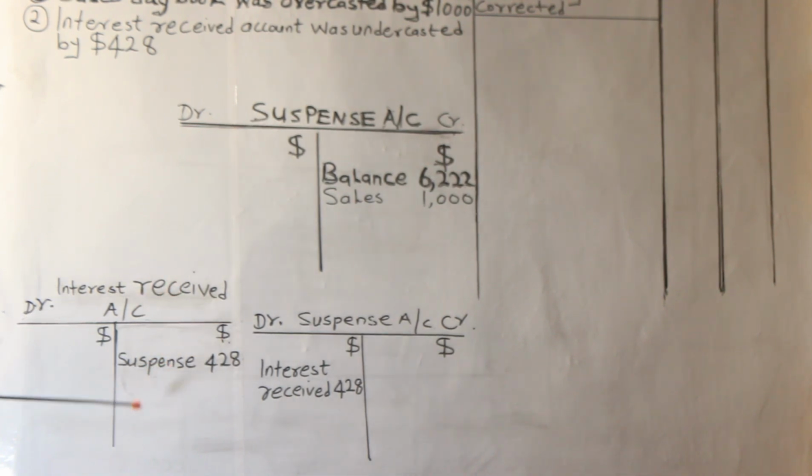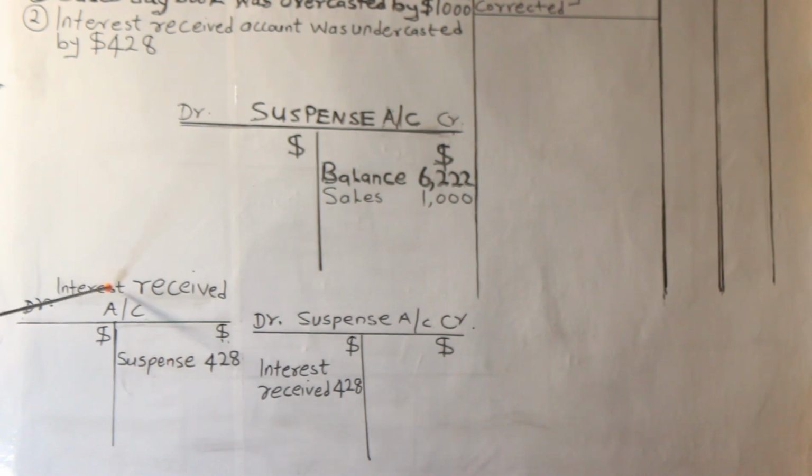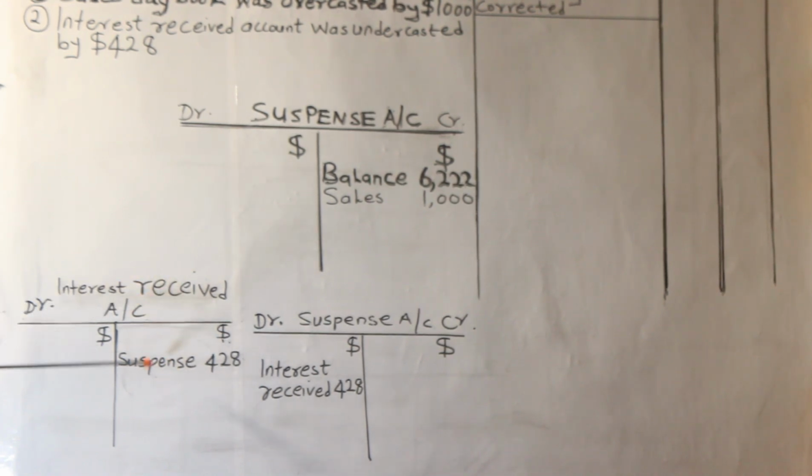And if you watch our correction here, we corrected the credit side by including 428, which represents the understatement, using the word suspense to represent error corrected. Now, what it means is that since the interest received account has been undercasted by 428, for us to correct this error, we need to add 428 to the credit side of interest received account.